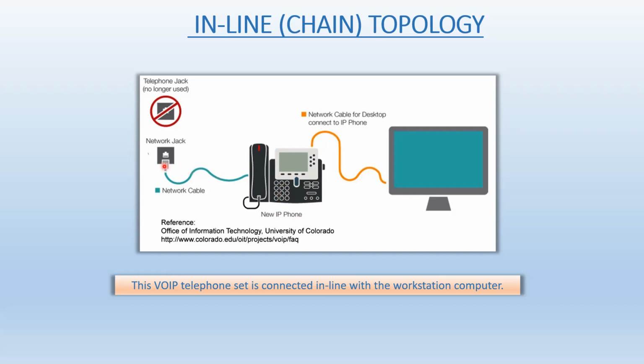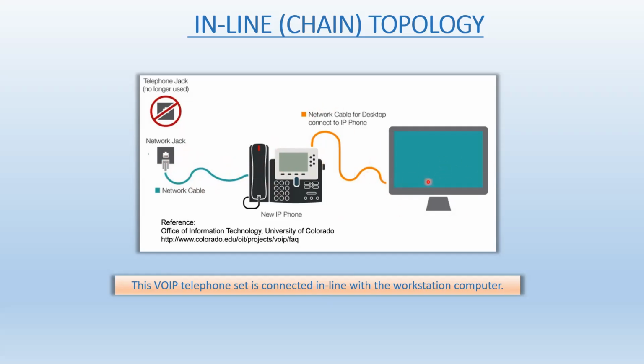So VoIP needs a data jack. What do you do in order to have that? You could hire a company to install an additional data jack in every single location. Well, maybe you don't have to, because those telephones will have two jacks, one input, one output.